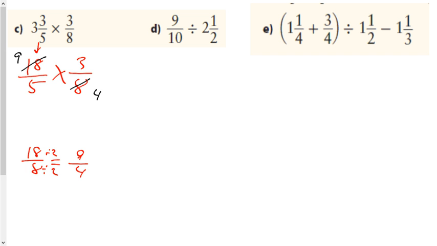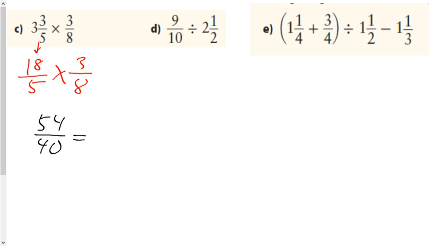And then when I multiply it out, I get 27 over 20, which is 1 and 7/20. If you didn't cross-reduce, shame on you. But if you didn't, you got 54 over 40, which is 1 and 14/40, which is 1 and 7/20. Right? You still got the same answer without cross-reducing. You just had to reduce your final answer.